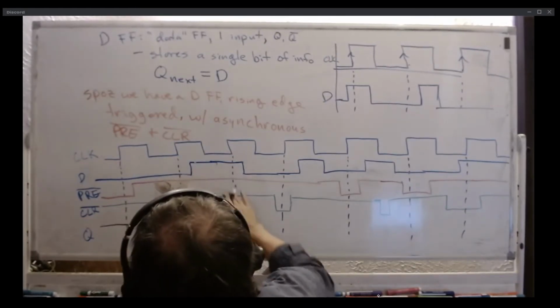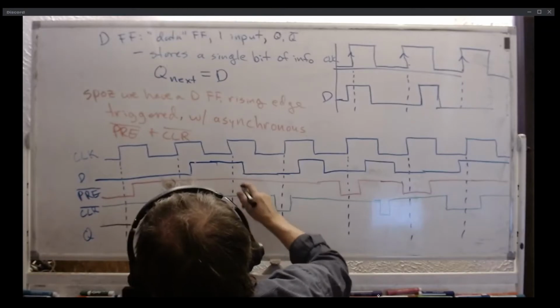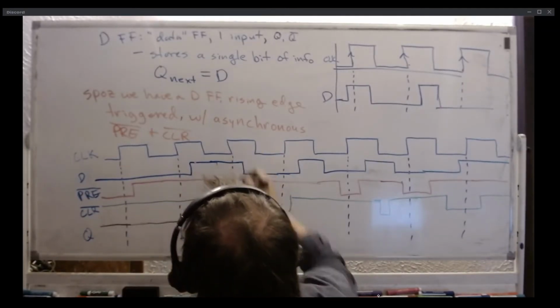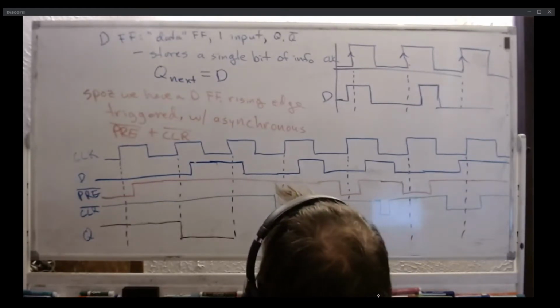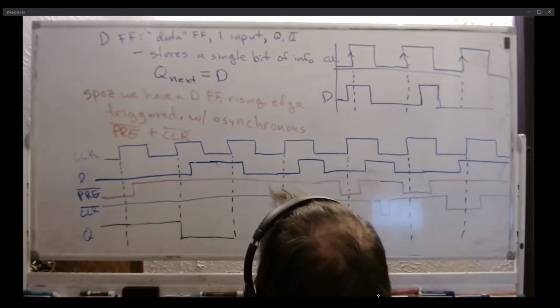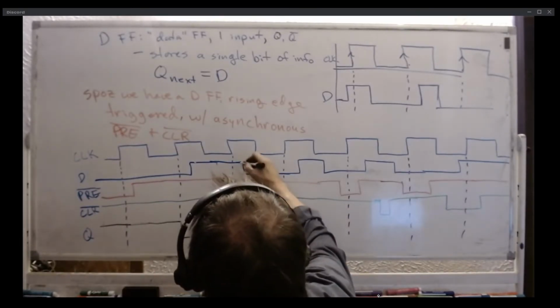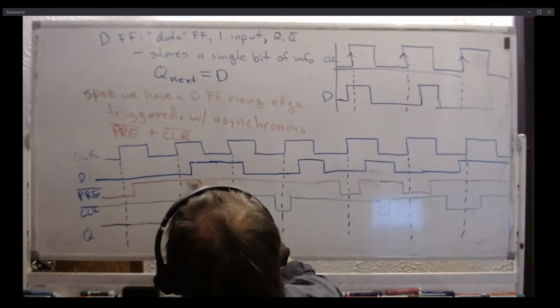In here, nothing changes with preset and clear, so we have to wait around for the next active edge of the clock. What happens? Well, D is still high, clear is still disabled, preset is still disabled, so it's going to stay high. Well, stay low, I should say. But D is high. My bad, it should go high. Yep, very good. Good job.